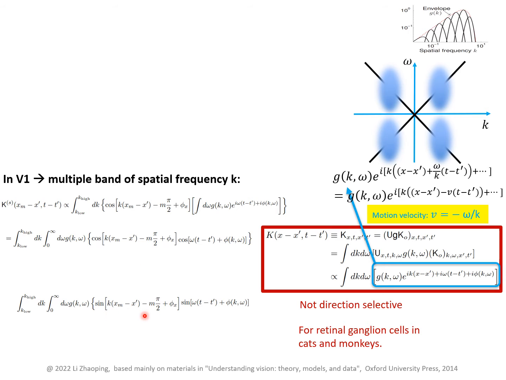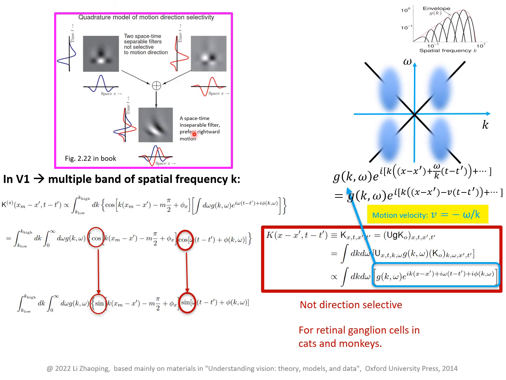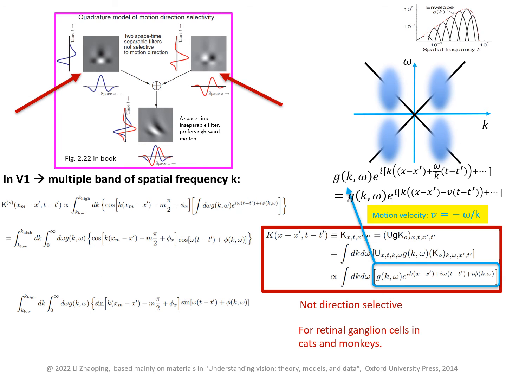However, these two filters have a quadrature phase relationship with each other, because their spatial phase differ by 90 degrees and their temporal filters also, so we can now combine them to make directionally selective filters. Here are two space-time separable filters, and this is the result of adding them together.